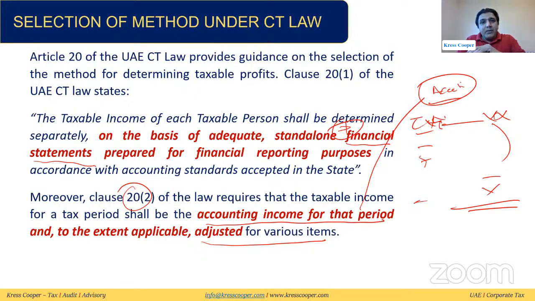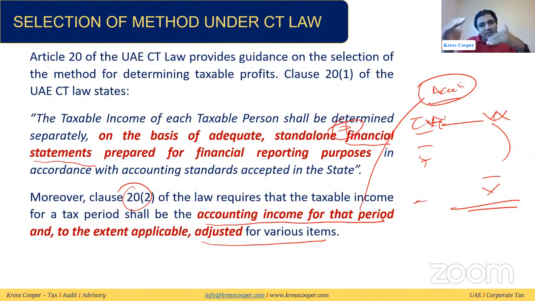We need to prepare the financial statements and calculate the accounting income as per applicable accounting standards. We know IFRS is applicable in the UAE, so we need to prepare the financial statements based upon the applicable IFRS. From this financial statement, we need to take the accounting profit, adjust it, and apply the indirect method.